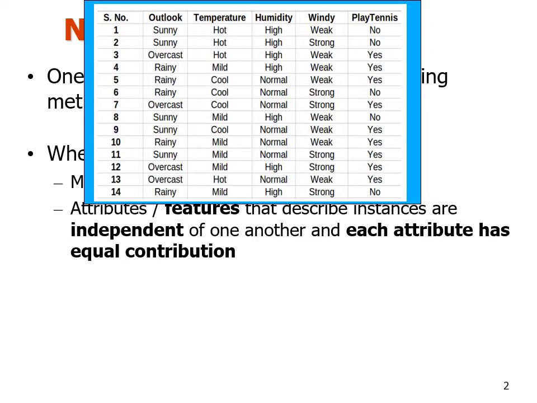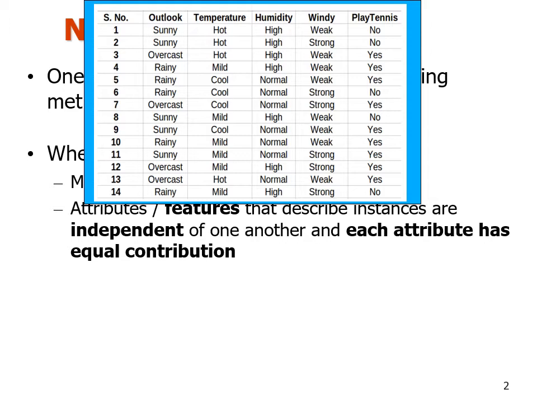Features are independent and every attribute has equal contribution. So we assume that no pair of features is dependent on one another. For example, the temperature being hot has nothing to do with the humidity, or the outlook being rainy has no effect on windy.